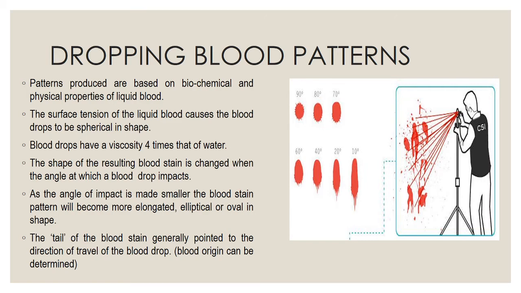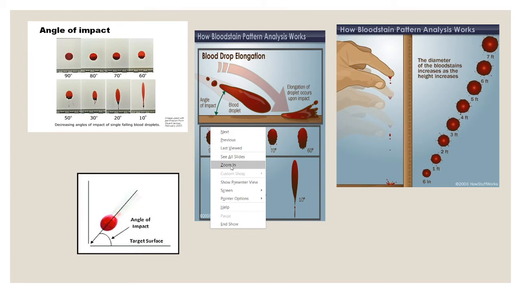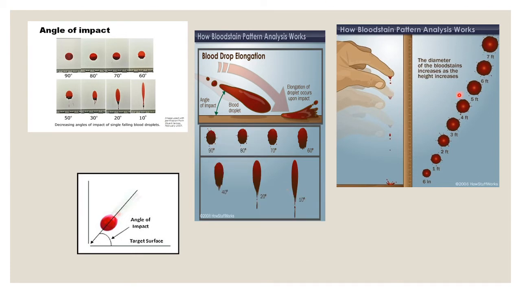I will show you one picture here. If the blood is falling from a particular height, we can identify the height from which it fell by seeing the shape of the blood stain. So the diameter of the blood stains increases as the height increases.